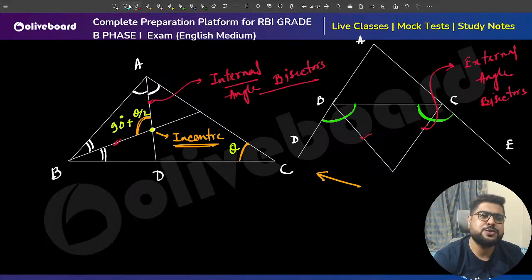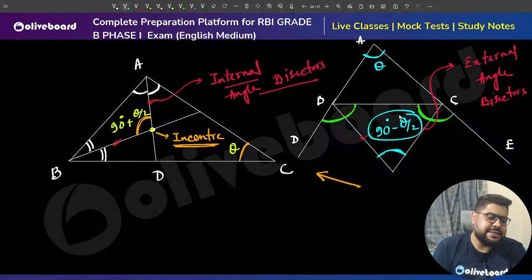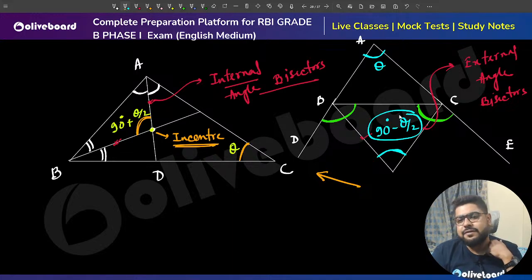In this situation, if this angle is theta, then the angle made by the bisectors will always be 90 degree minus theta by 2. This is 90 degree minus theta divided by 2.